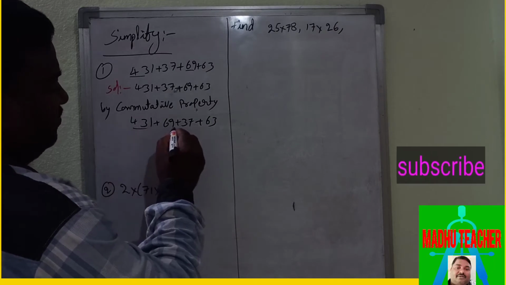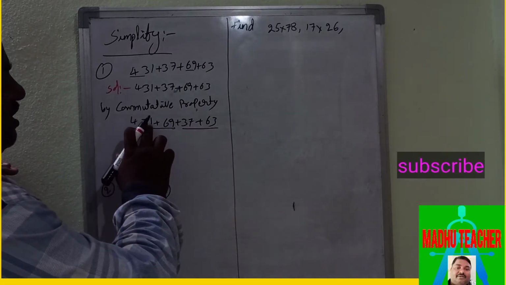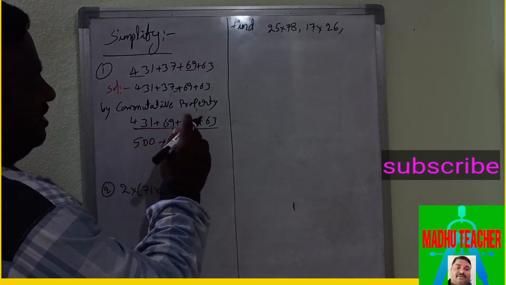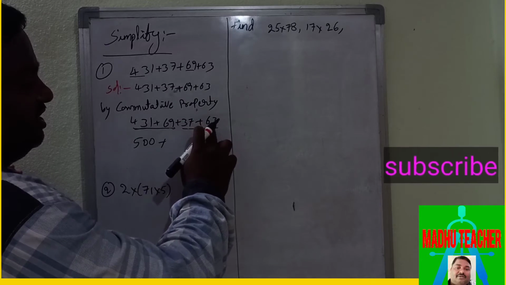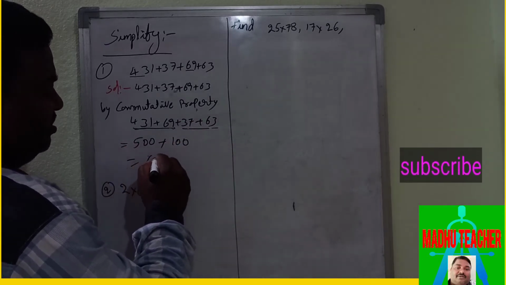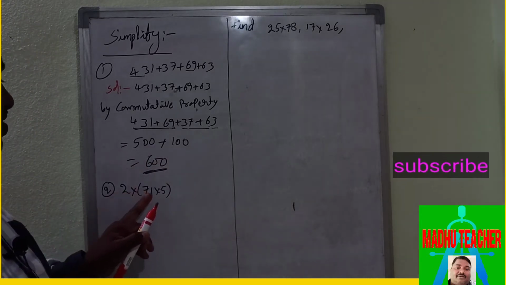We are adding these two first, then adding these two. So 431 plus 69, that is 500, plus 37 plus 63, 100. We'll get 500 plus 100, 600. Like this. 2 into 71 into 5.